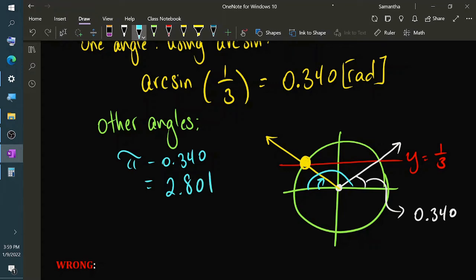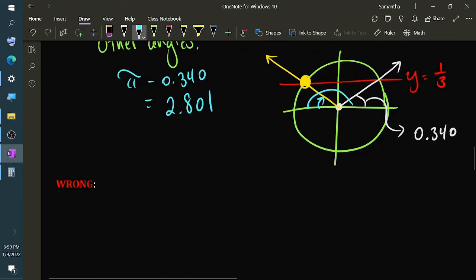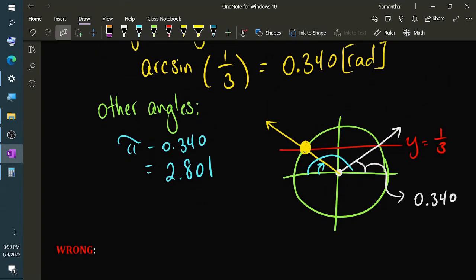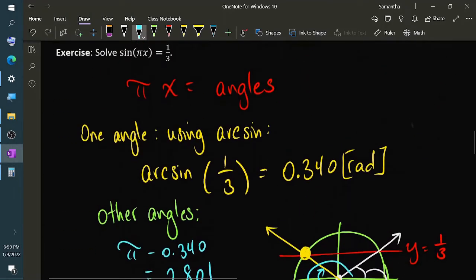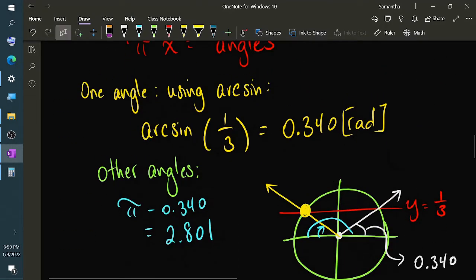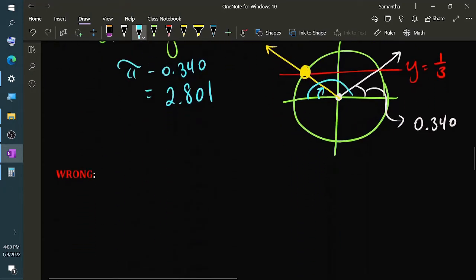Okay, so let me show you now the wrong answer. This is what you don't want to do. What you don't want to do is say, okay, so I've just found these two angles on the unit circle where sine outputs 1/3. And the angles on the unit circle are equal to the input of sine, which in this particular problem is pi times x.